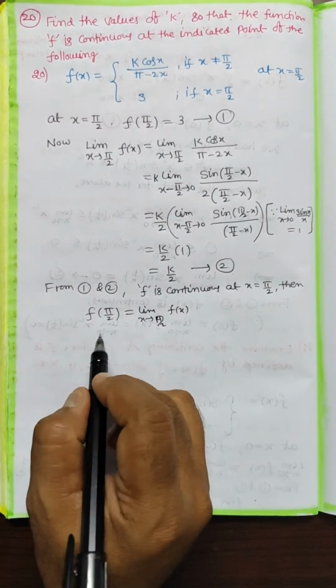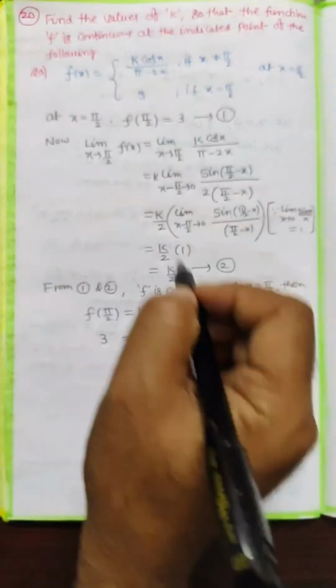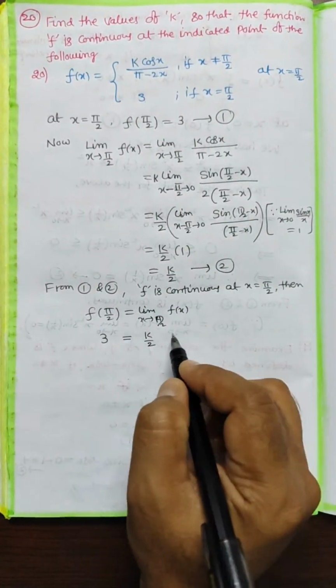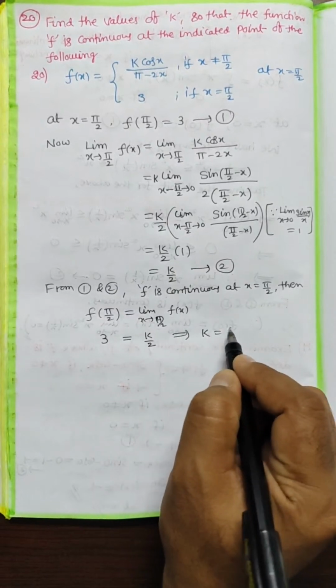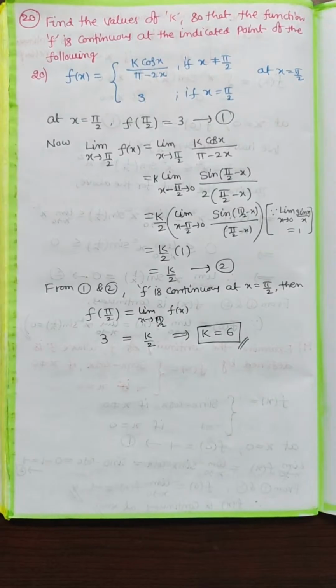F of pi by 2, from 1, is 3. The limit of f of x we got as k by 2. So that implies k is equal to 6. Therefore, when k is equal to 6, the given function is continuous. Okay, dear students, we'll move to question number 21.